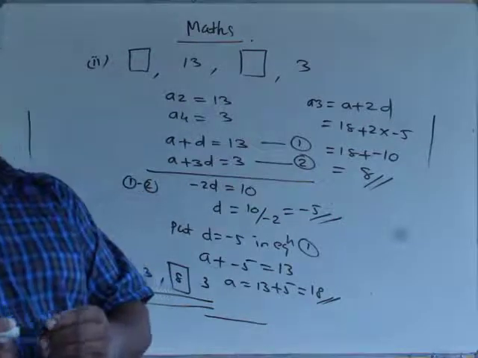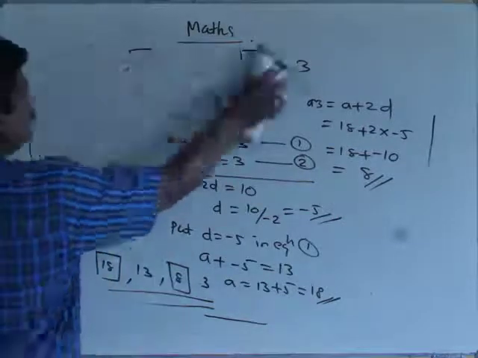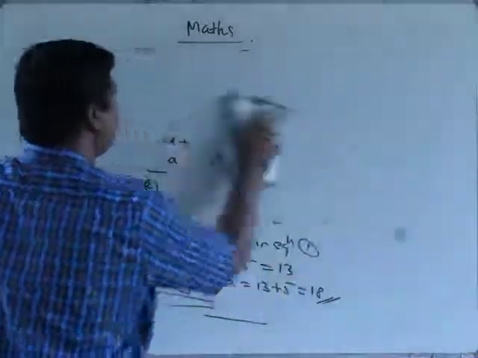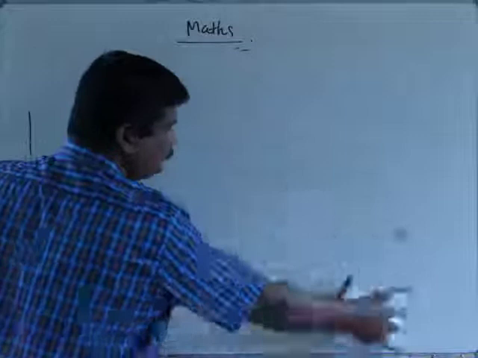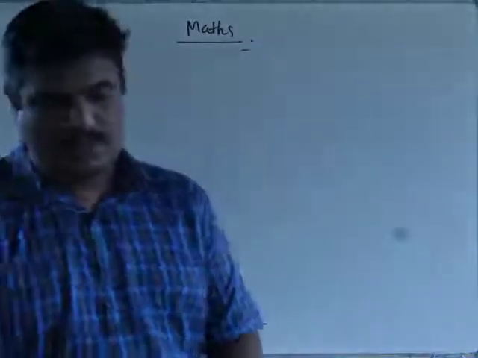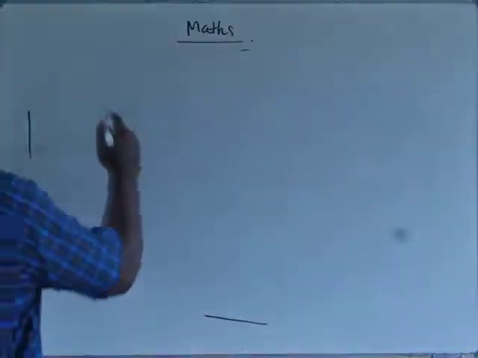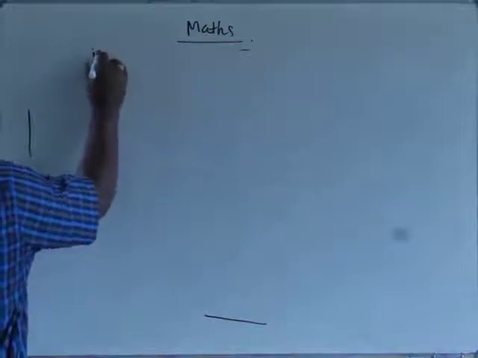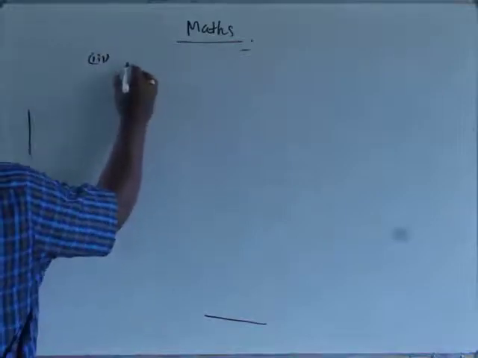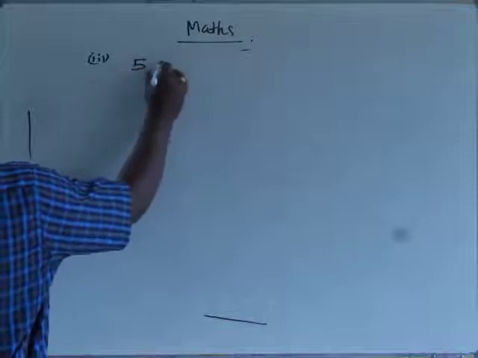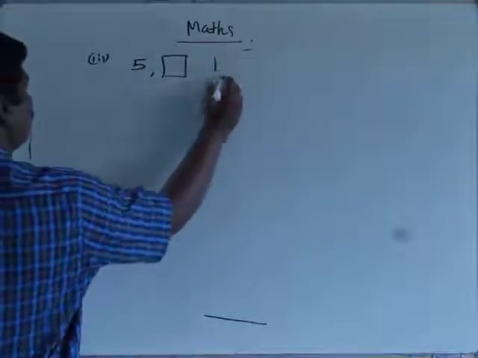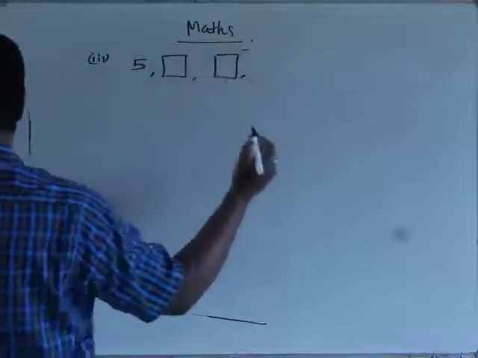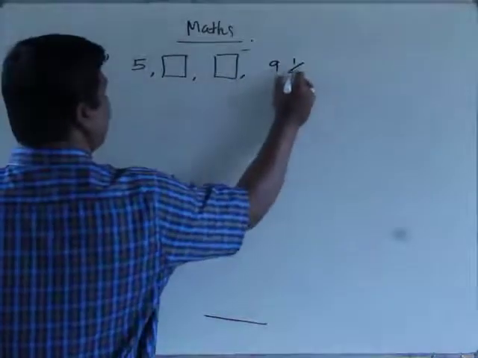Okay, next question, third one. 5, box, comma, next box, comma, next 9.5.